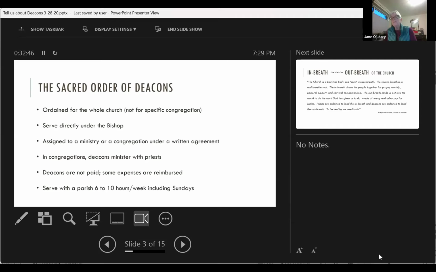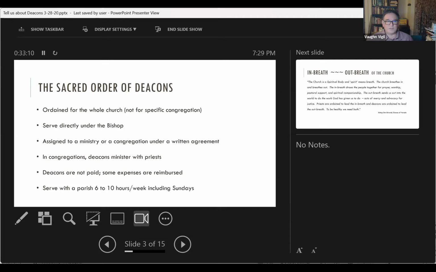It's sort of a partnership, a collegial relationship. But you work for the bishop, and the priest supervises you in the parish. Yeah. And I think this often comes up in the world of deacons.